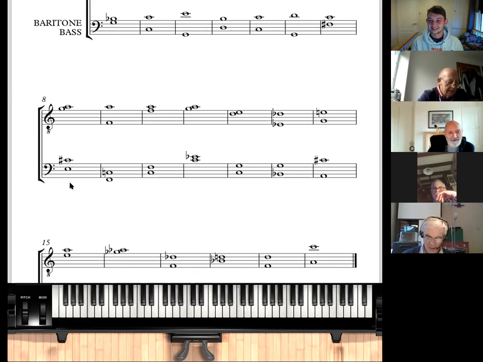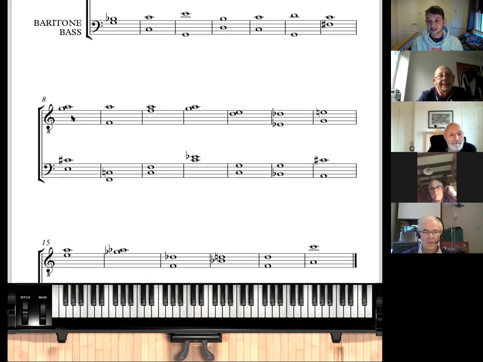I just have to do it every time, because the treble clef is easier to kind of have in the background. So I think I'm going to start singing bass from now on. Bass is harder to read than treble. I don't know why, it just is.